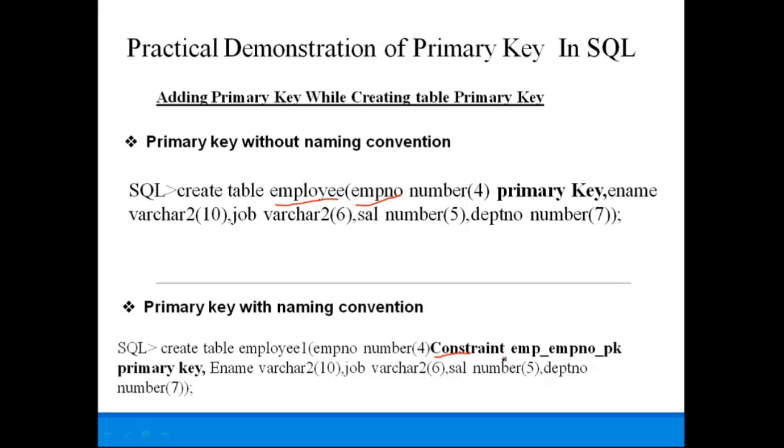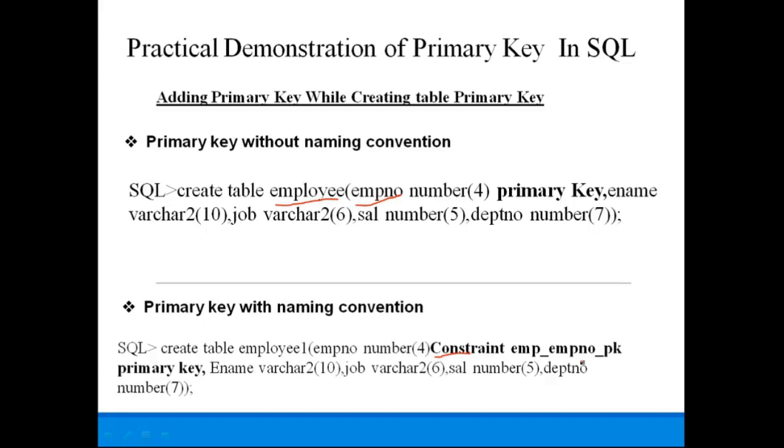Constraint is a keyword, and emp underscore emp number underscore pk is a constraint name, of the primary key constraint. You can give any name to the primary key as you wish. So in both ways we can define a primary key.